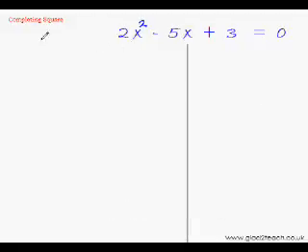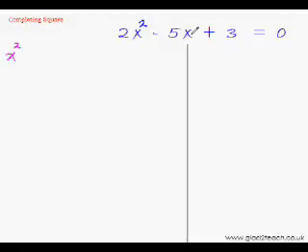The first step to complete the square of any quadratic equation would be to get rid of the coefficient of the x squared term. And we can do it by dividing both sides of the equation by this coefficient, that is 2. So 2x square divided by 2 will cancel this 2 and we'll be left with just x square.